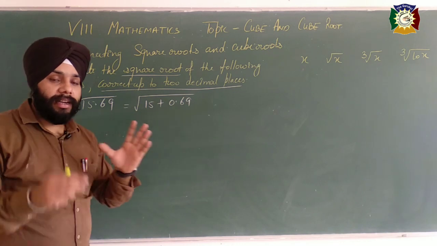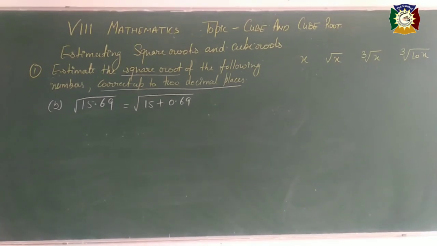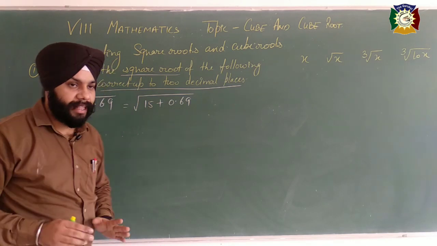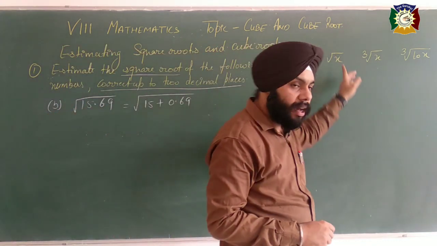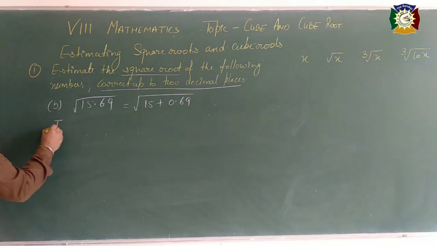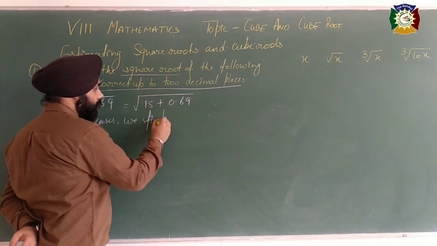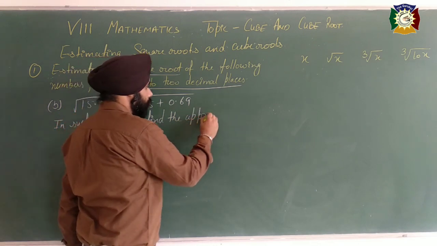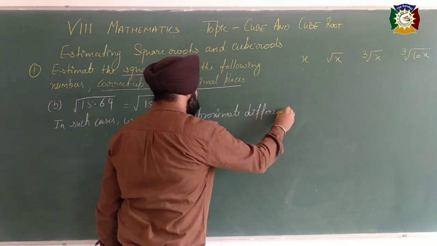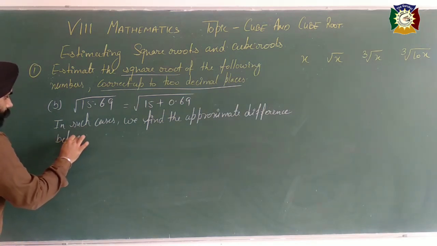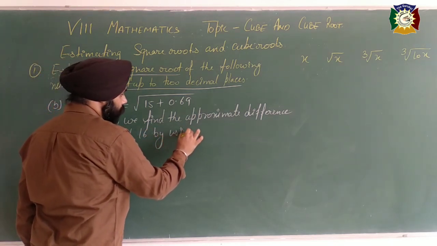In such cases, when the number is given in decimal form, we find the approximate difference between the whole number 15 and the very next number, 16, by using the table.